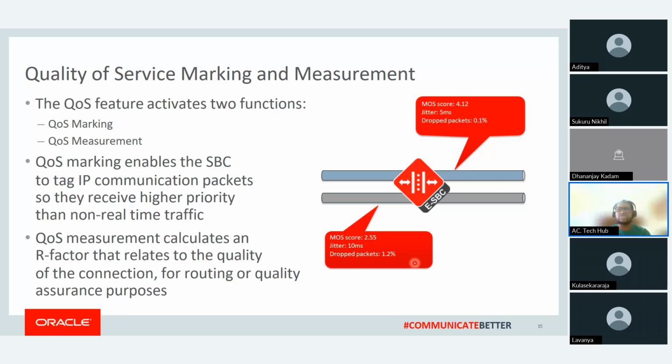So this quality of service feature on these SBCs enables the users to have seamless connectivity, and they can have QoS marking of packets and QoS measurement on this SBC, so that all the RTP packets which are flowing through this SBC will be marked with the quality of service parameters, and the user will not experience any kind of glitches or audio issues on their platforms, irrespective of their connectivity.